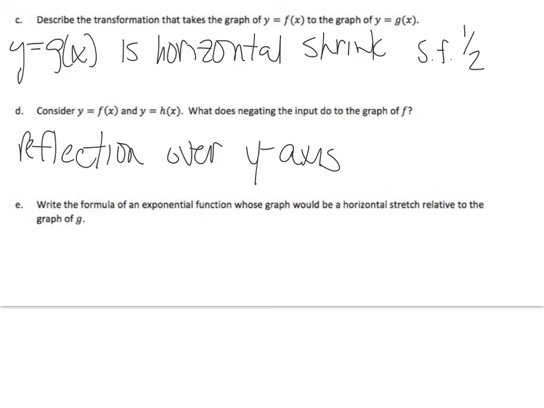And now it says write a formula of an exponential function whose graph would be a horizontal stretch. Well, if g of x equals 2 to the 2x, right? Double checking, yep. It's not x to the 2x, it's 2 to the 2x.